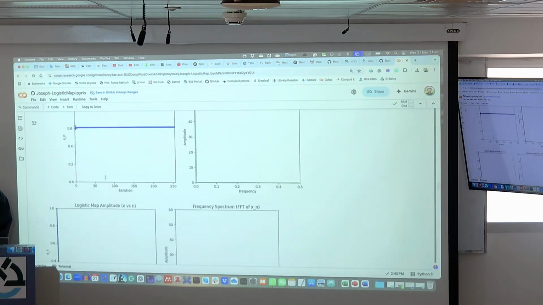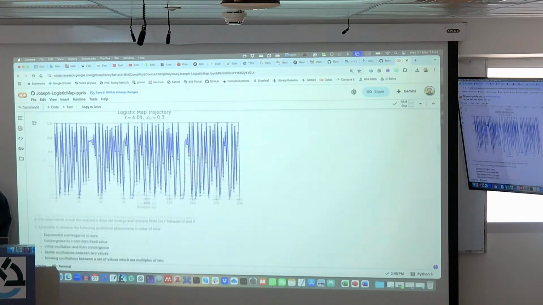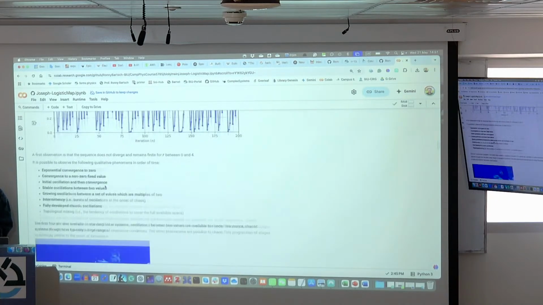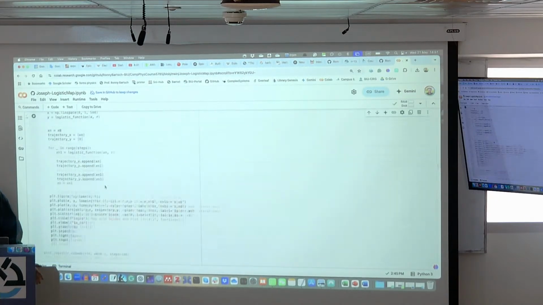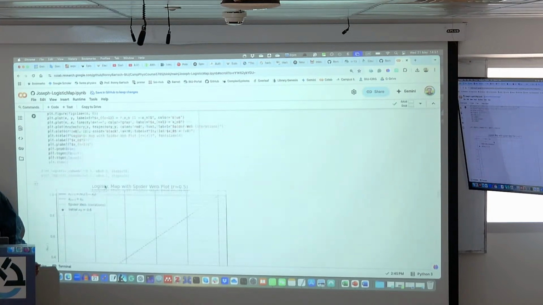As we see how it changes here, when r is bigger than 2 and smaller than 3, it will just give you two results and then oscillate around a single constant.